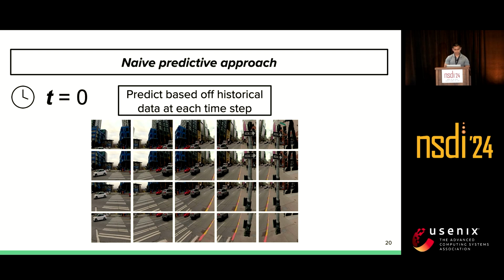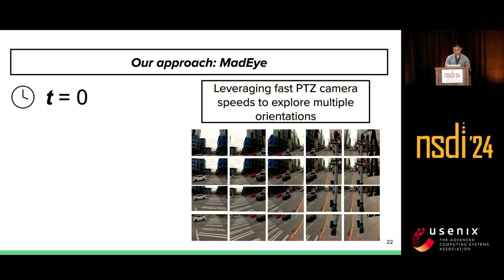Let's first consider a naive predictive approach. This naive approach tries to predict the best orientation at each time step based solely off of historical data. However, because of the issues I mentioned before, this actually results in very poor performance. In contrast, in our approach that we call MadEye, we leverage the fast PTZ camera speeds to explore many different orientations within the scene.